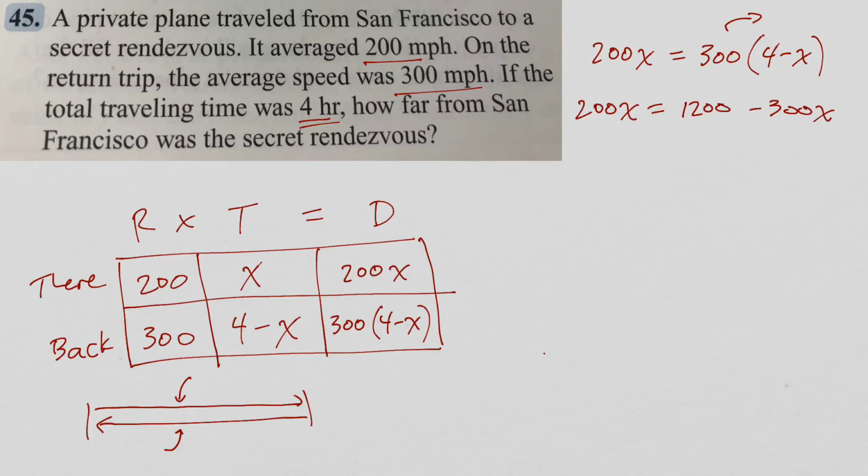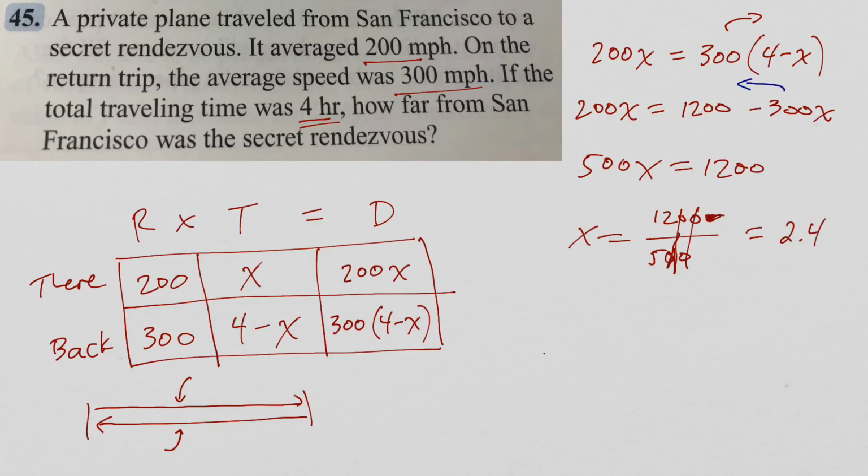I'll bring my x to the left by adding it, and I have 2 plus 3 is 500x equals 1200. So x equals 1200 divided by 500. I'll knock off a 0. So this is really 12 divided by 5, which I think is going to be 2.4.